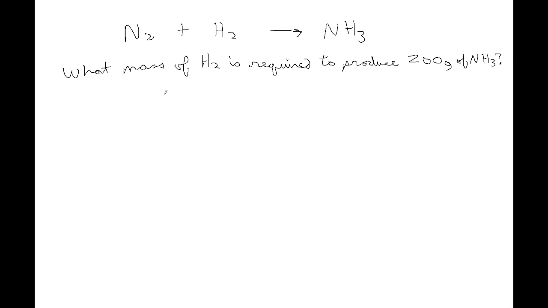Okay, so let's try this problem. First you would write down your target units, which is grams of H2. You write down what you have, which is 200 grams of NH3.